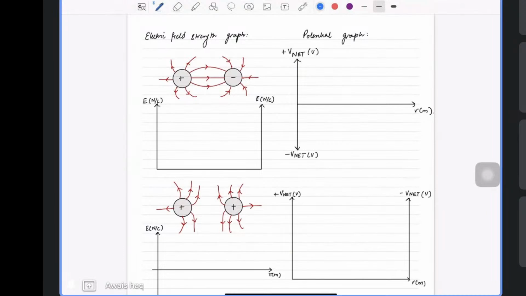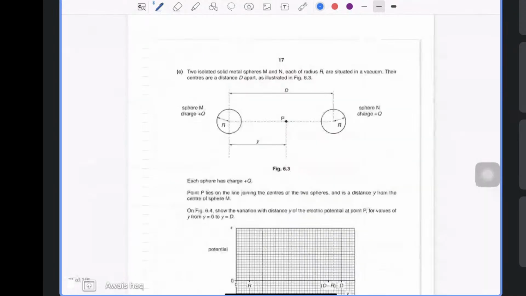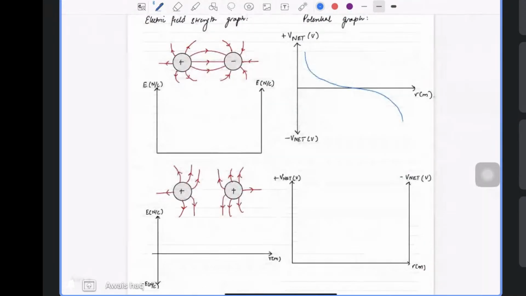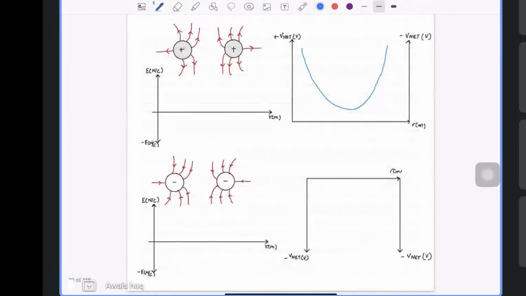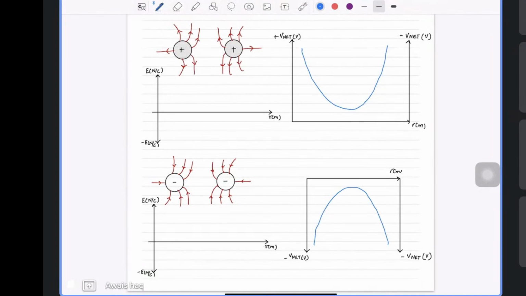For example, in the first one we drew a graph like this, in this one we drew a net graph like this, and in this one we drew a potential graph like this. So you should remember which graph is what.